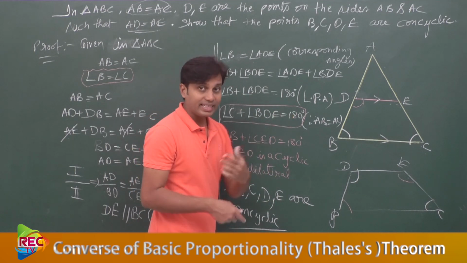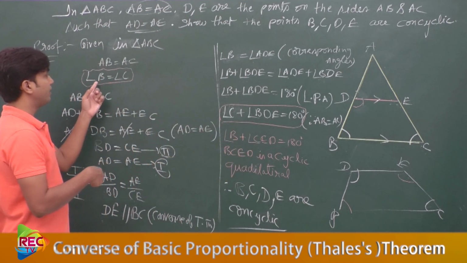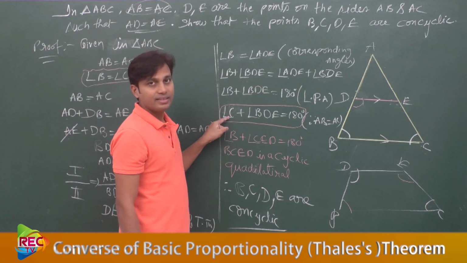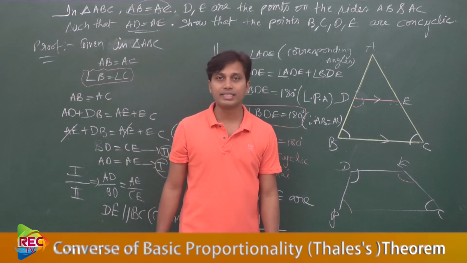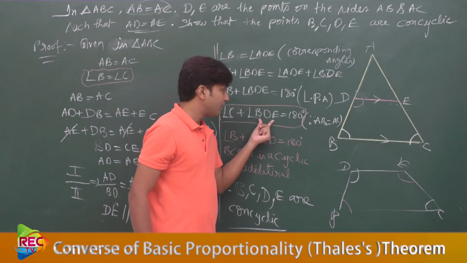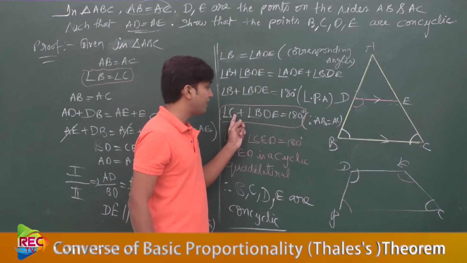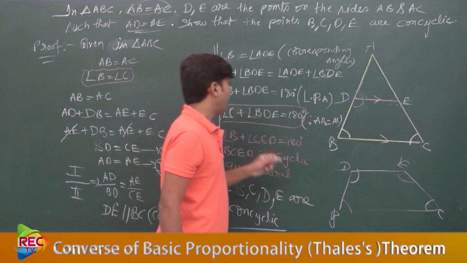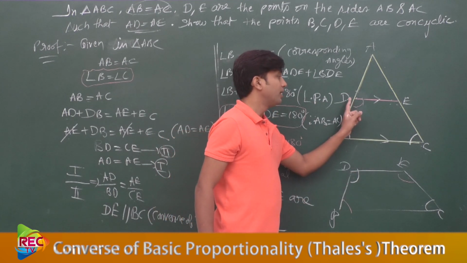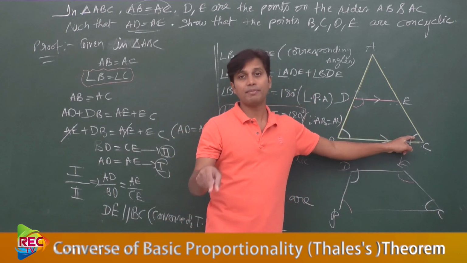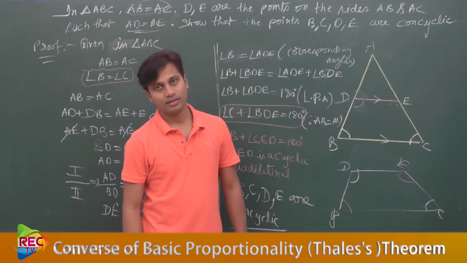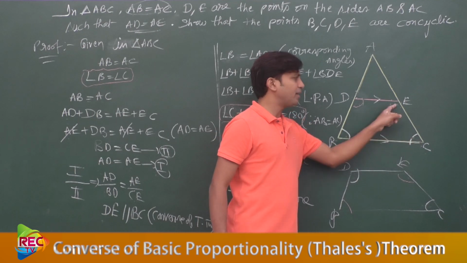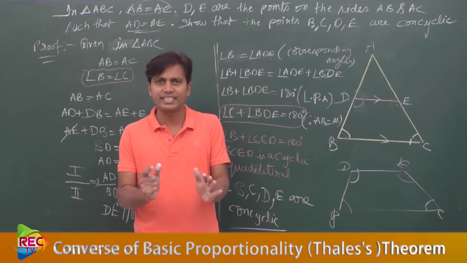Now we will take advantage of one more initial property which is given. Angle B equal to what? Angle C. So we can replace angle B with angle C. So angle C plus angle BDE equal to 180 degrees. That means which of the angles are represented in the diagram? Angle C means this one, and angle BDE is this one. Means opposite two angles are supplementary, we got. When this pair of opposite angles is supplementary, obviously the second pair also will be supplementary because already 180 degrees is used up.